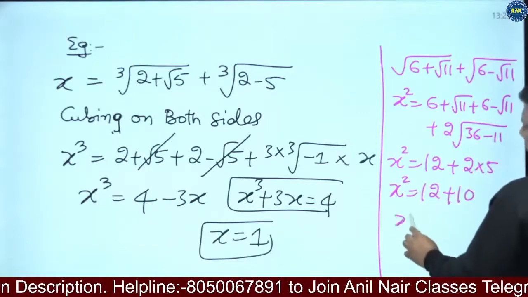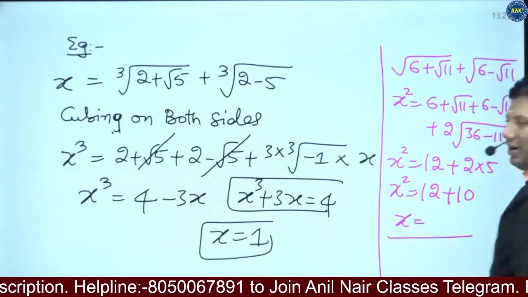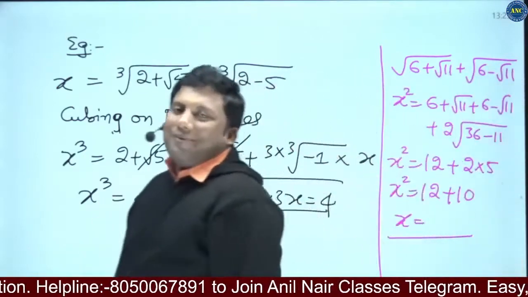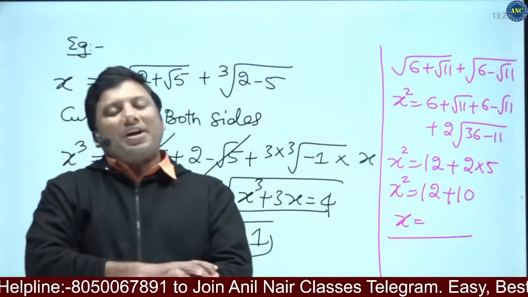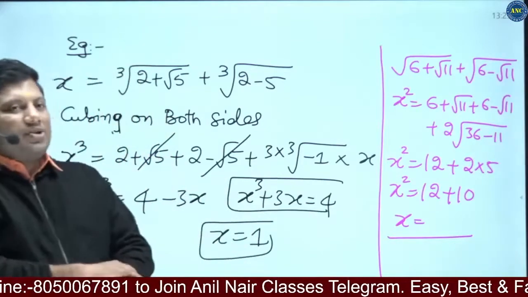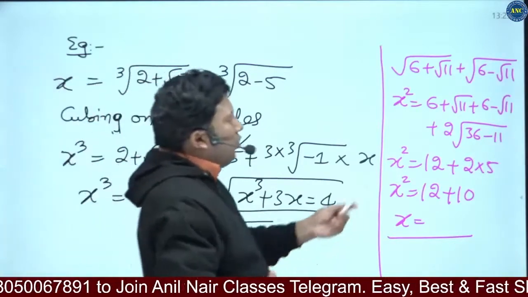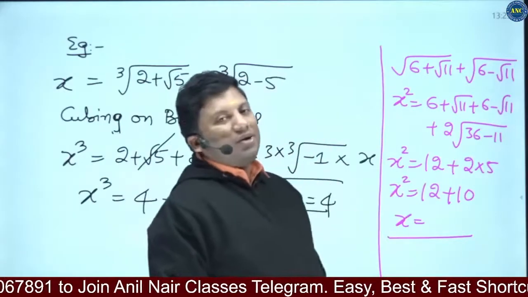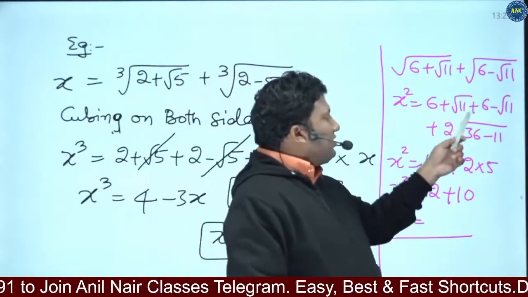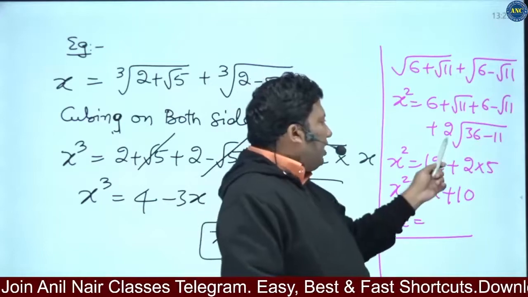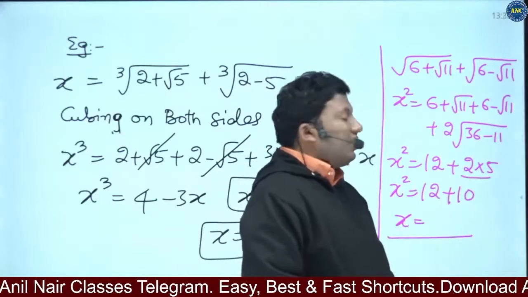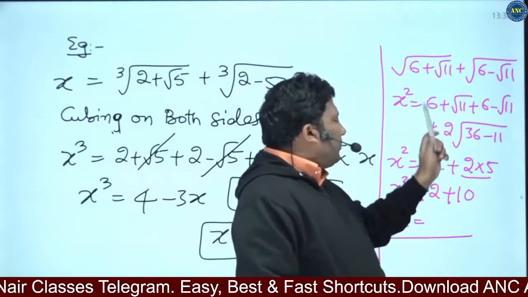From here, you will get the x value. Are you all with me? So just by understanding the root cause of the problem, you can create your own questions. 2ab is 2 into 6 plus root 11 into 6 minus root 11. 36 minus 11 is 25, root 25 is 5, 2 fives are 10, 10 plus 12.